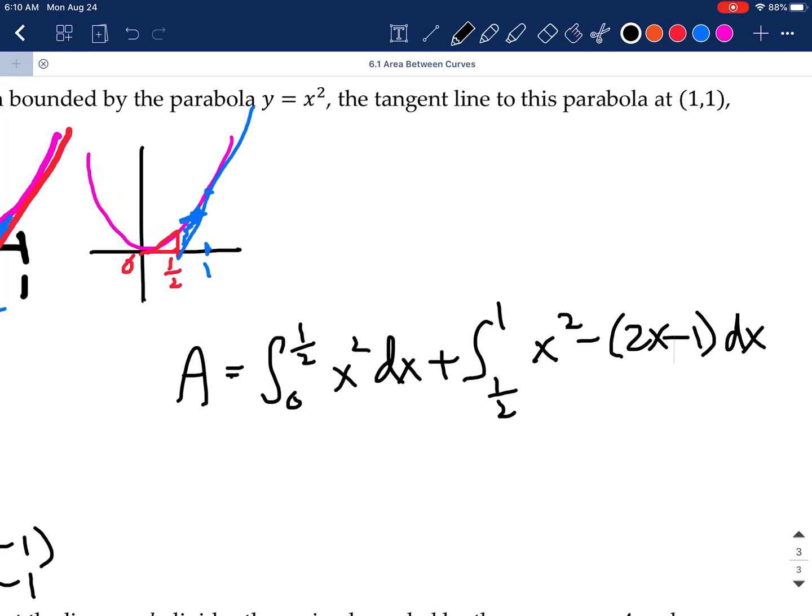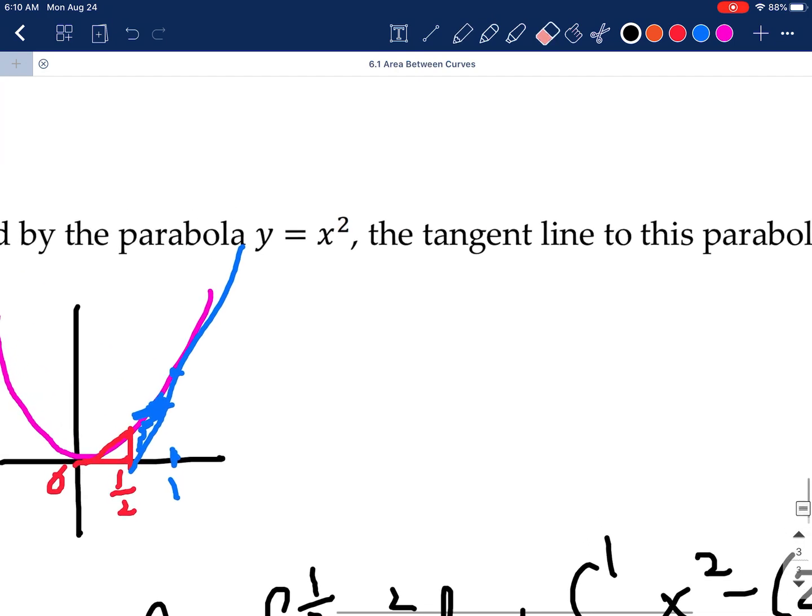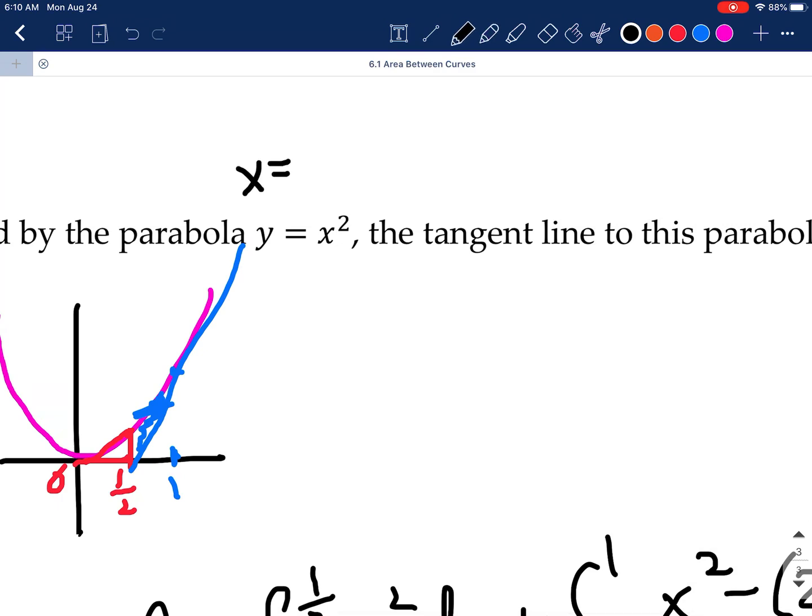Or, if I wanted to, I could also make this a function of y example. So note, you could work this one out. But if I did functions of y, we would get x equals radical y, and it would be the positive radical y since I care about the right-hand side.